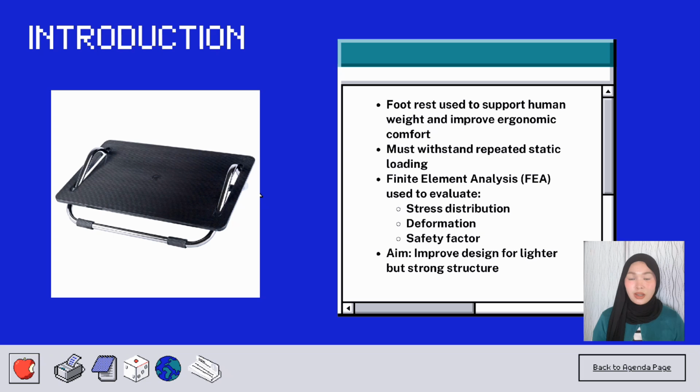In this project, finite element analysis or FEA is used to evaluate stress distribution, deformation, and safety factor. The main aim is to improve the design to achieve a lighter but stronger structure.